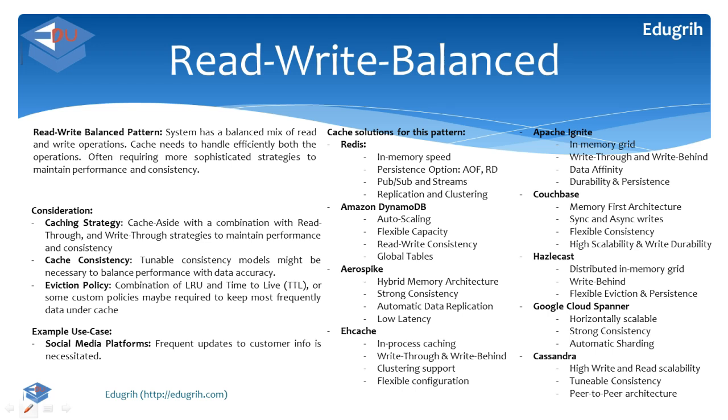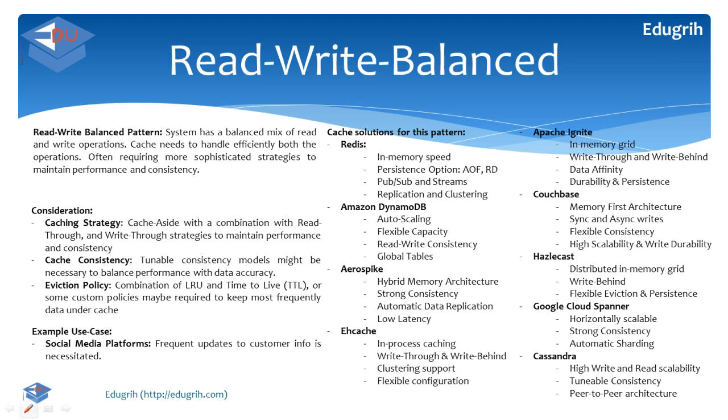Aerospike, hybrid memory structure, strong consistency, automatic data replication, and low latency are some of the key features of Aerospike. Cache, in-process caching, write through and write behind are supported. Clustering support is there. Flexible configurations are there.